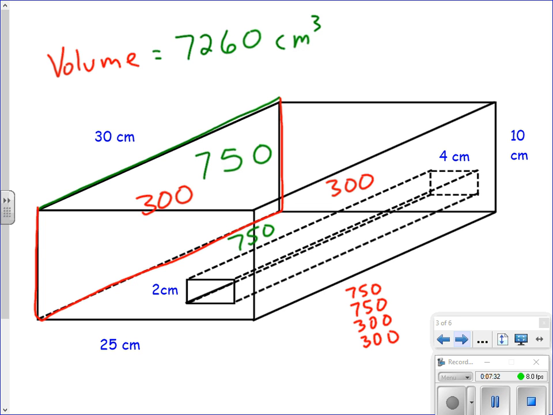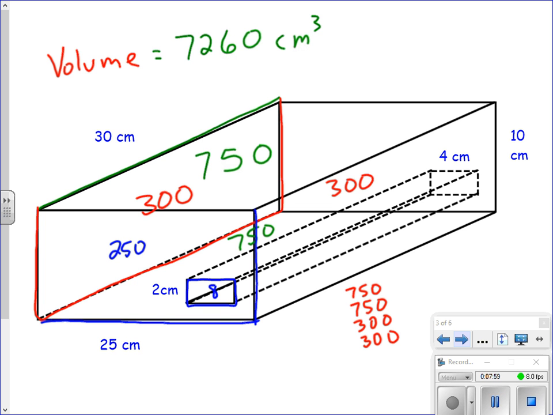And then what do we need next? The front. Okay, that's going to be a little bit more difficult. That is 25 across and 10 high. So that's 250. But I have to subtract this piece that's missing, which it says is 2 by 4, which is 8.